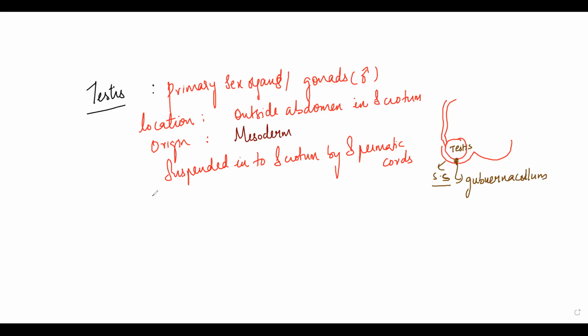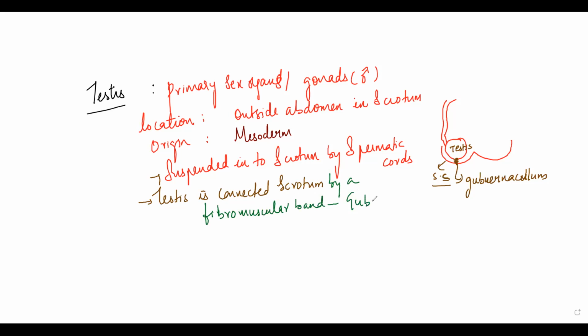The testis is connected to the scrotum by a fibromuscular band, which is called the gubernaculum.